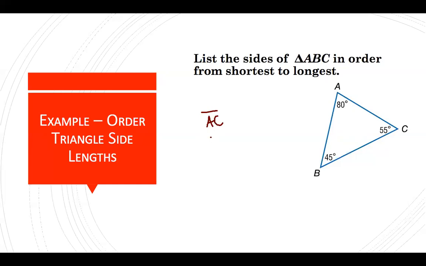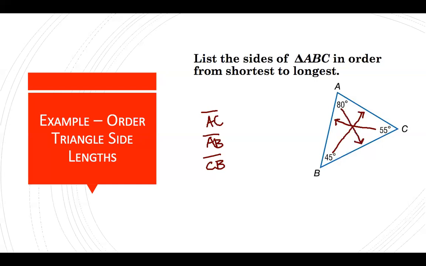Shortest to longest. So AC, then AB, and then CB. Because 45 is smallest, so you need across from 45, that's AC. Then 55, across from 55 is AB, and then 80, across from 80 is BC.